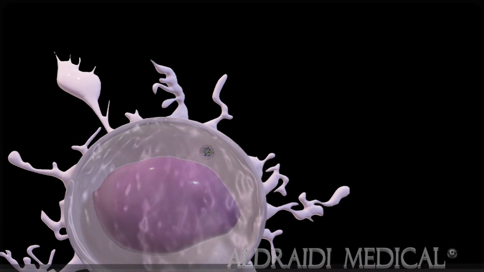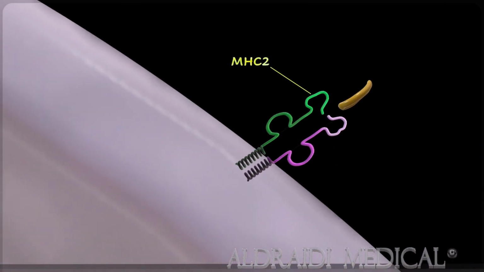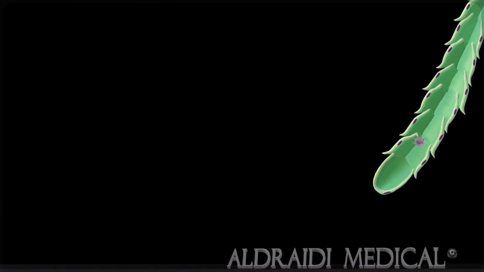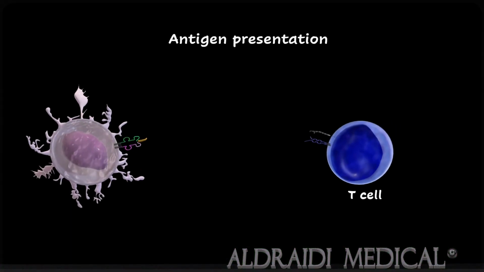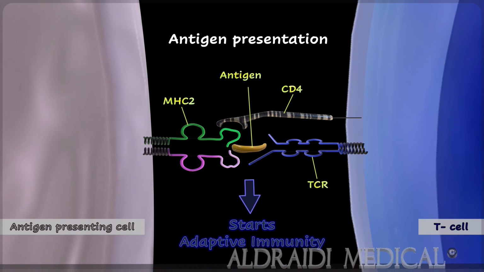They process these antigens into peptides and load them onto their surface on MHC molecules. And then they migrate through lymph to the nearby lymph nodes, where they present their cargo to naive T cells. And this process of antigen presentation is what initiates the third line of defense and is the cornerstone of adaptive immunity.